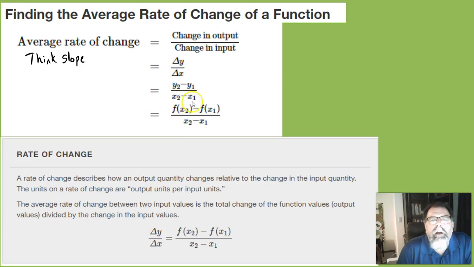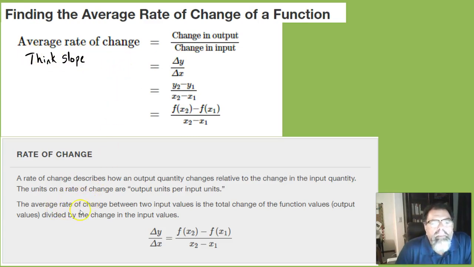So this is the y value for the given input value x sub 2. So this is the y if this is x sub 2. So if you have the 2 points, you're going to do the slope formula. All these are pretty much the same thing, and we call this average rate of change.